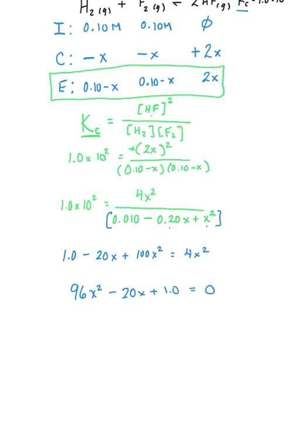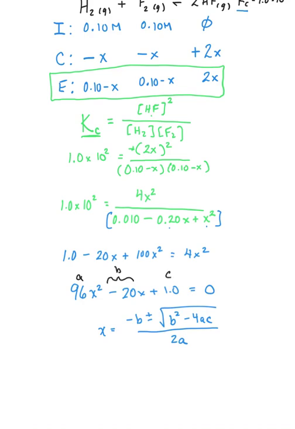Now, we have to remember our quadratic equation. A solution to a quadratic equation is negative b plus or minus the square root of b squared minus 4ac, all over 2a, where this quantity, 96, is a, this quantity, negative 20, is b, and this quantity, positive 1, is c.